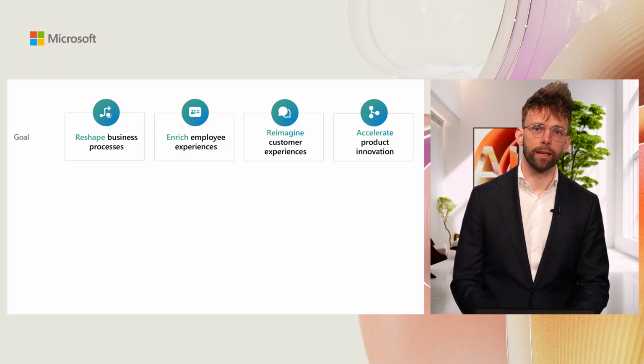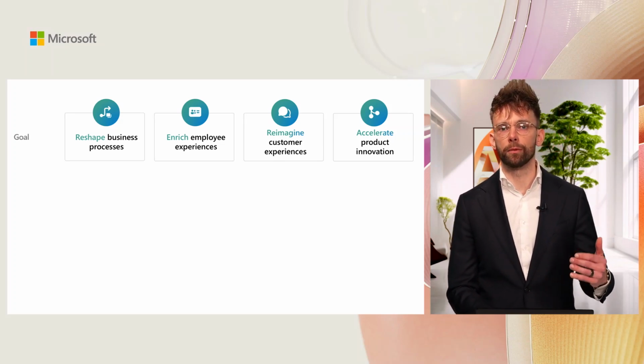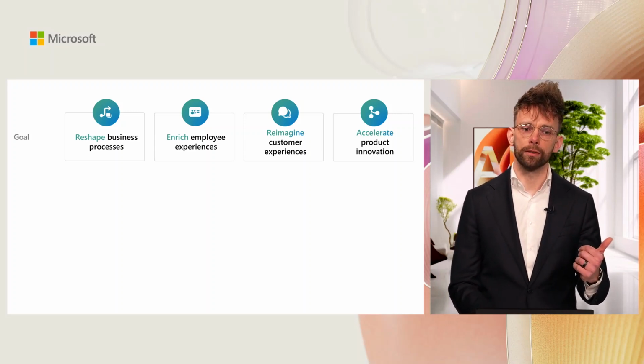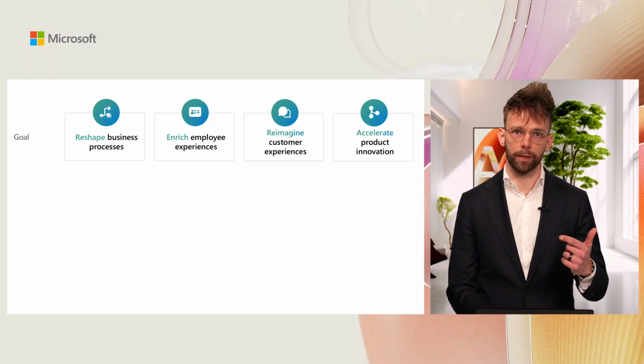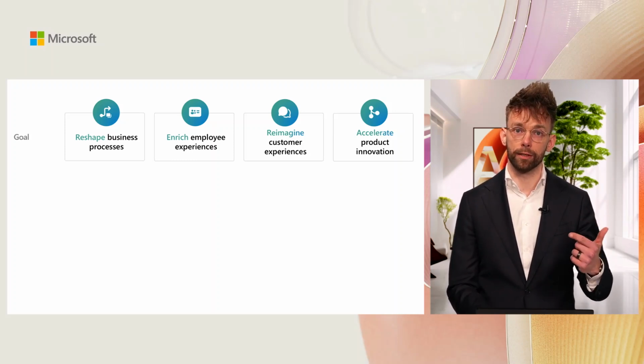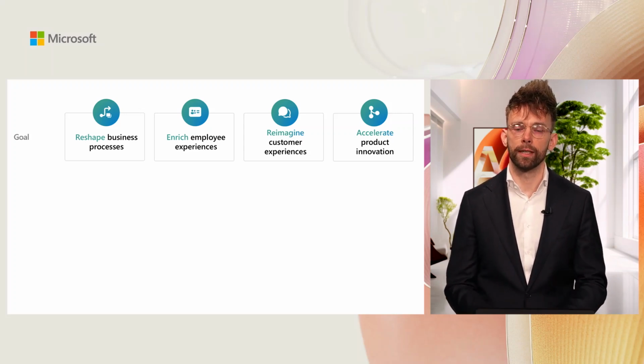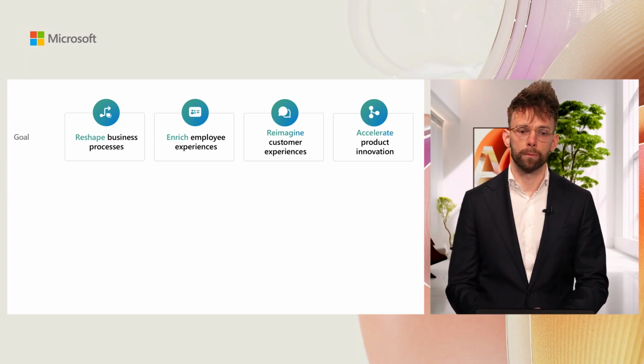They all have one thing in common: they add value in one or more of these areas. They reshape business processes, they enrich employee experiences, making them more happy and efficient in their job. They reimagine the way we interact with customers, and they accelerate the ability to innovate with products.